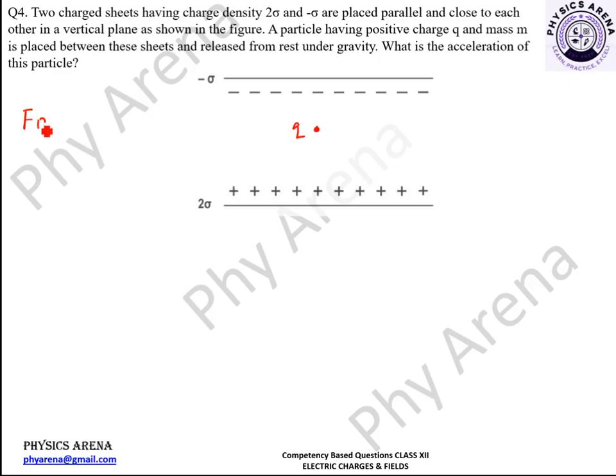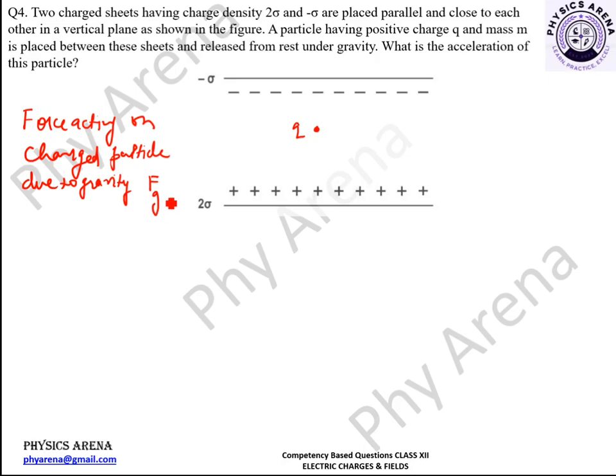The force acting on the charge particle due to gravity, Fg, is equal to the mass of the particle, m, multiplied by the acceleration due to gravity, g.